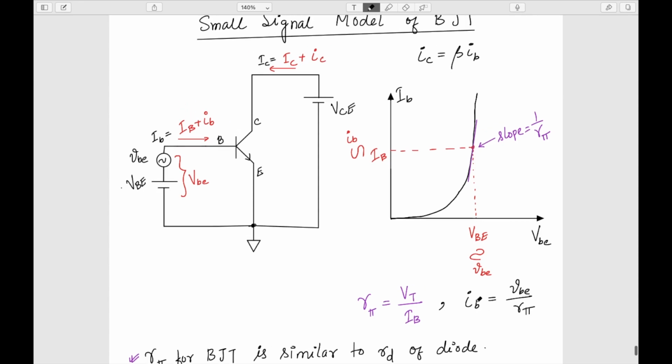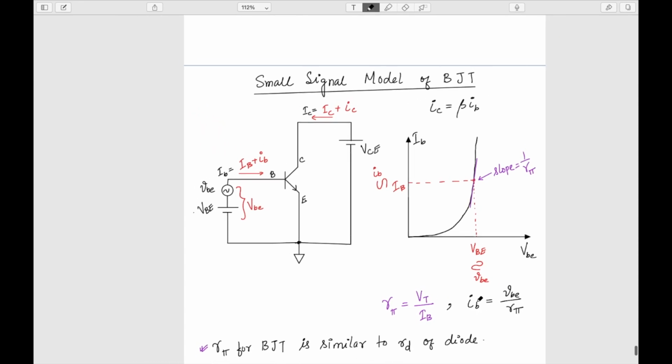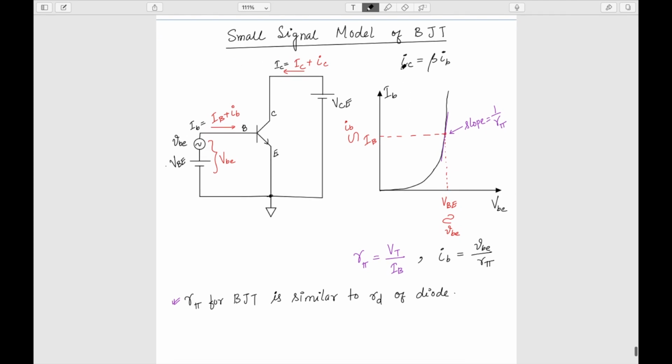So finally, we have these two equations for this BJT. One is IC equal to beta times IB, and IB is equal to VBE by R pi.